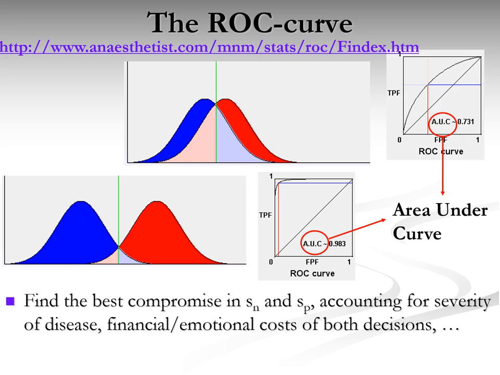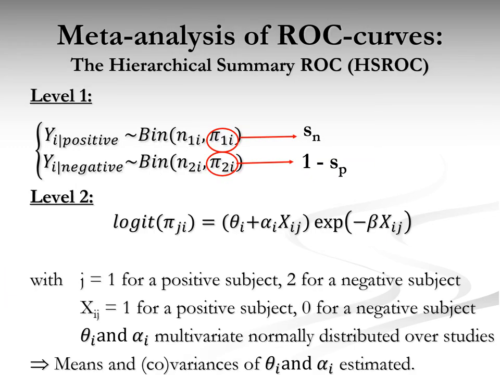For the lower plot, it is almost 1. So you can see that there's only a small part of the total surface that is on the left side of the curve. So you hope that that area is as large as possible. Ideally, this is equal to 1. So the higher the area under the curve, the better.